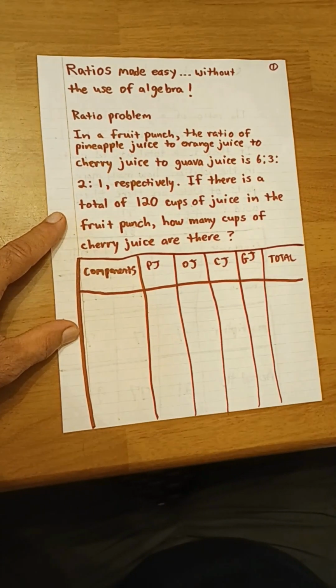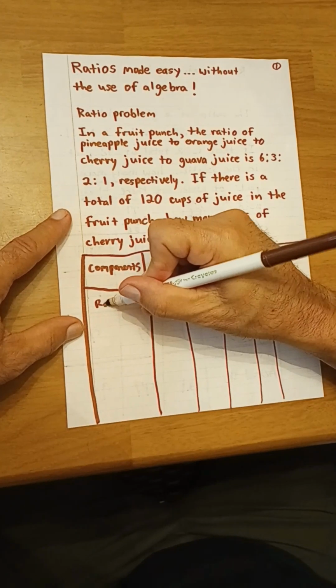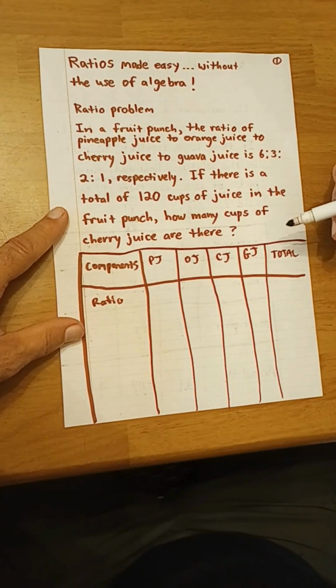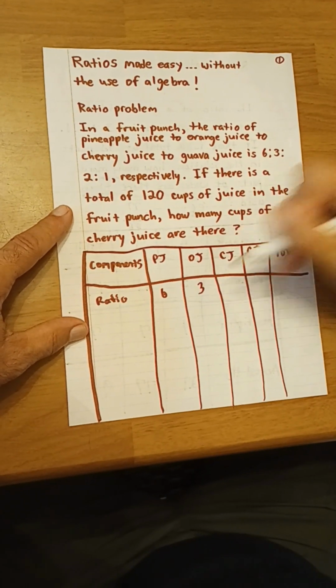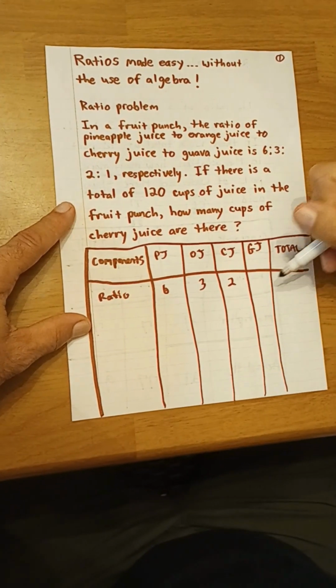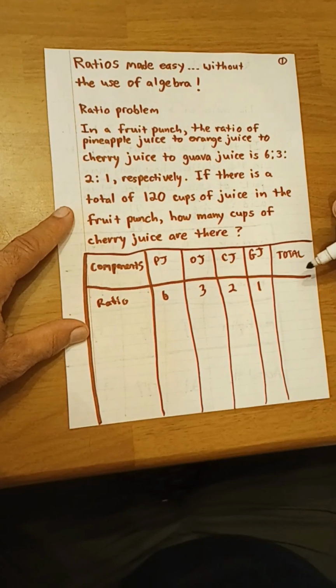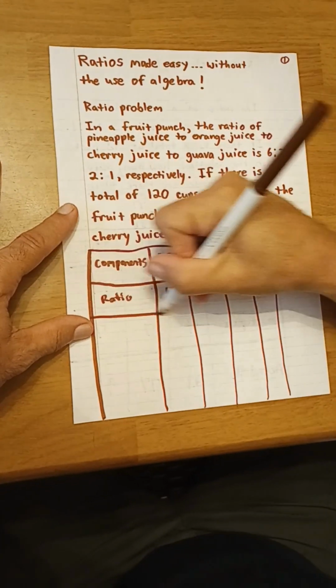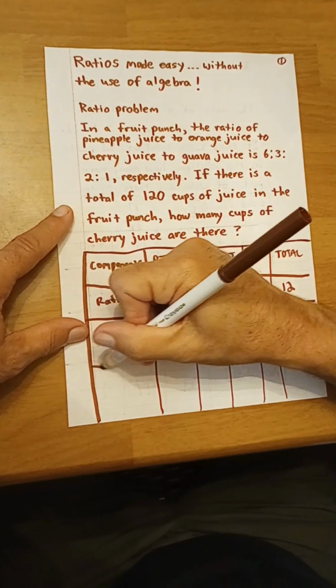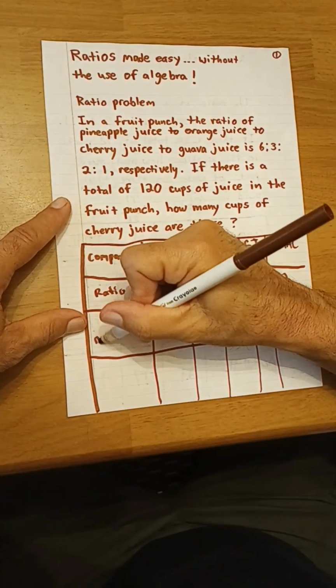Okay, once again, we have the ratio below that, and the ratio is 6 pineapple, 3 orange, 2 cherry, 1 guava. If we add that going across, that totals 12.